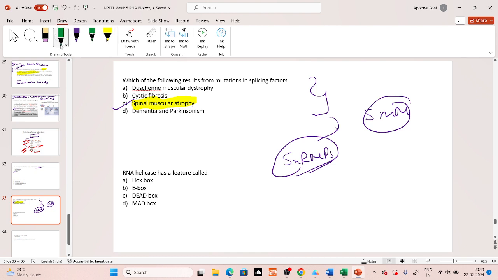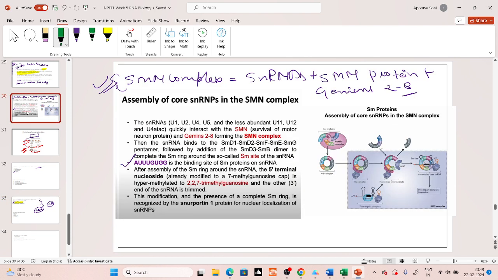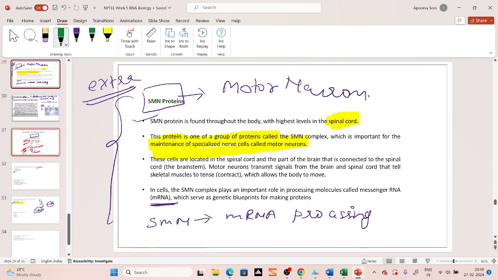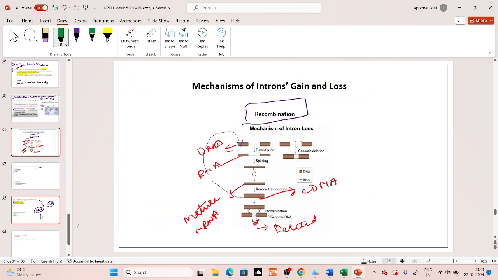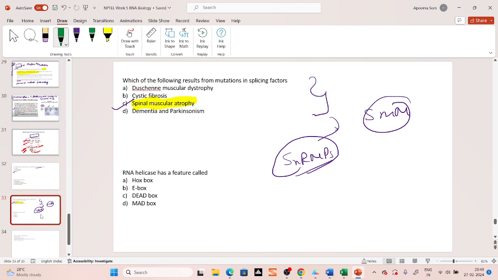Now, next question is, RNA helicase has a feature: Hox box, E box, dead box, mad box. Think. If you have studied, if you have gone through the lectures, only then you would be able to answer this question.